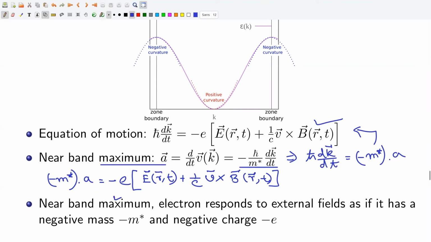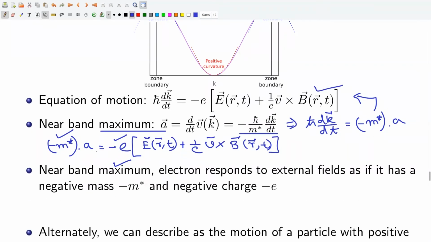Thus, near band maximum, electrons respond to external fields as if they have a negative mass, minus m star, and a negative charge of minus e.